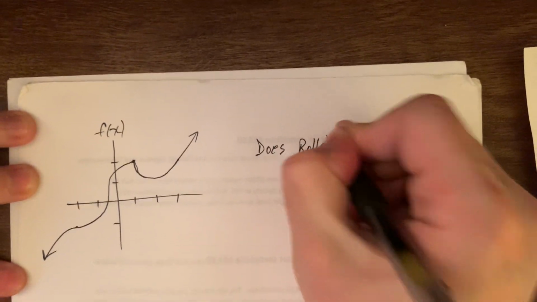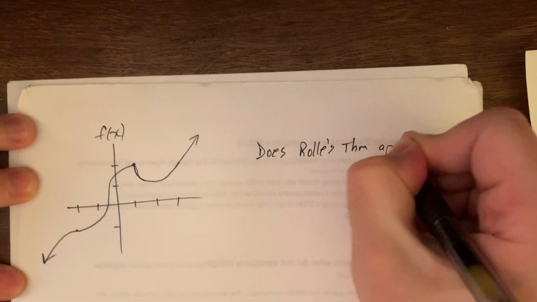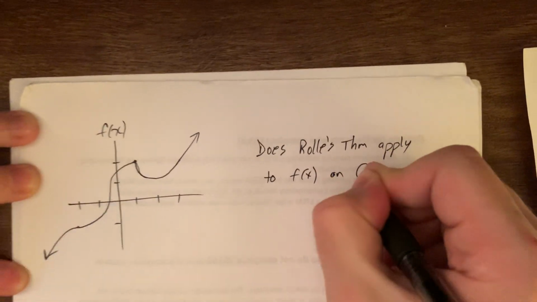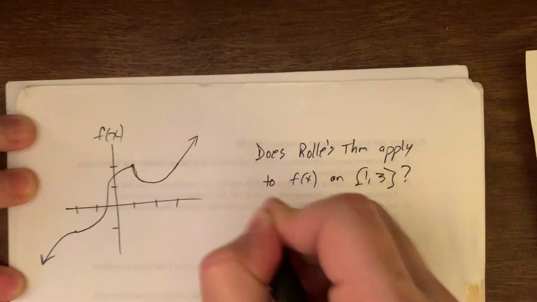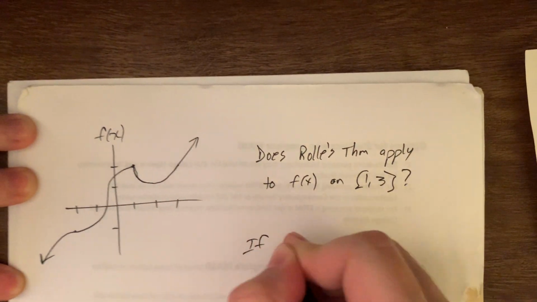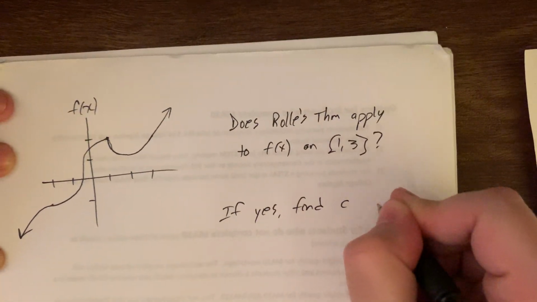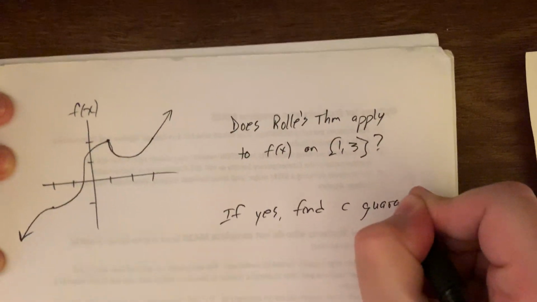Does Rolle's theorem apply to f of x on the interval 1 to 3? Our second question, if yes, find the c guaranteed by the theorem.